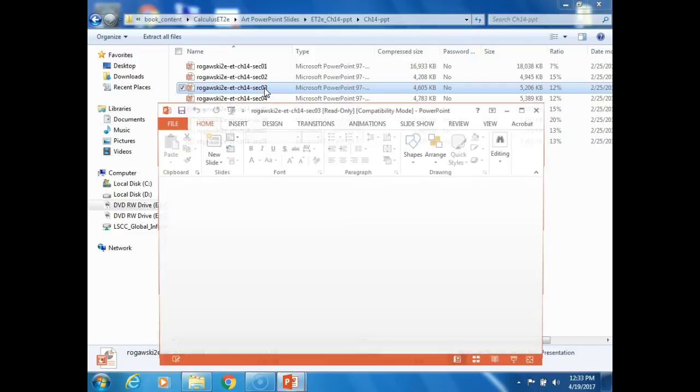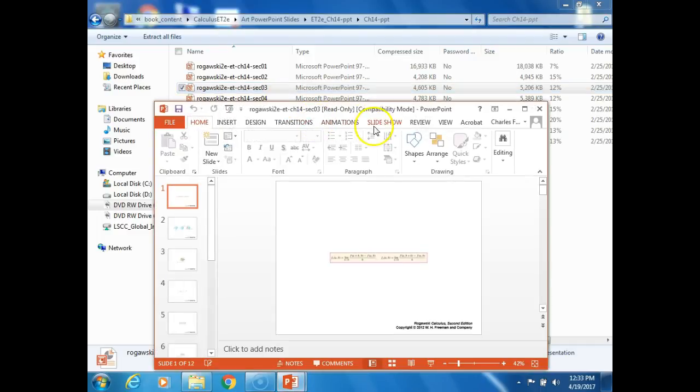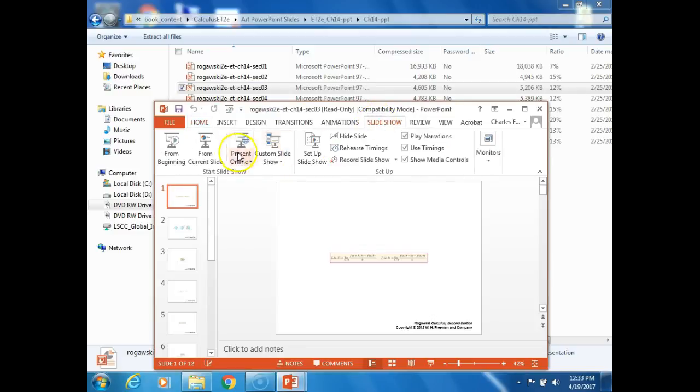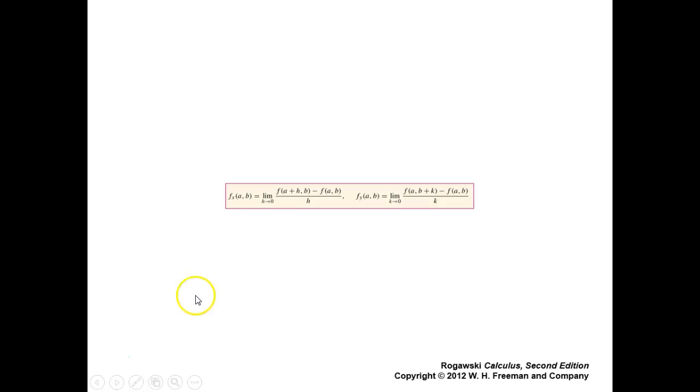Well, it doesn't. Oh, there it comes, maybe. All right, slideshow from current slide, and get my pen color back. Before we hit this, let's do here.